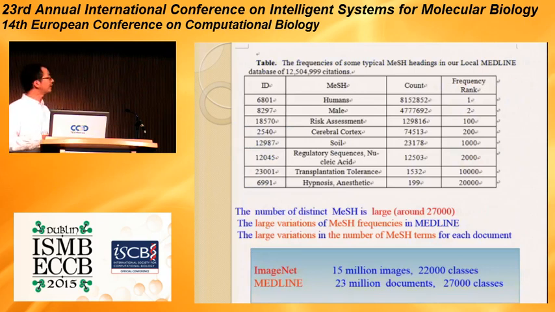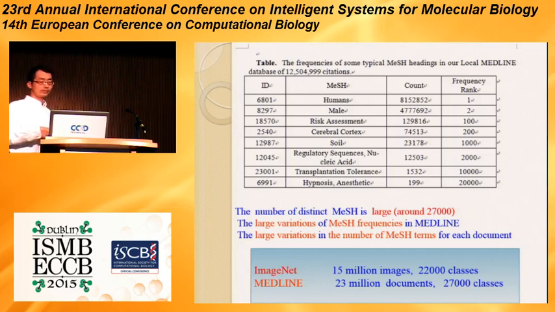Why is this problem so challenging? There are several reasons. The first is that there are a large number of MeSH terms, and some are used very frequently but some are very rare. For example, the most frequent MeSH term is humans. It has been used for indexing more than 800,000 times in the whole document set.